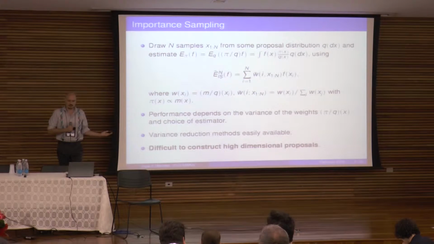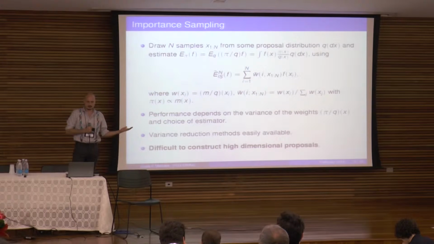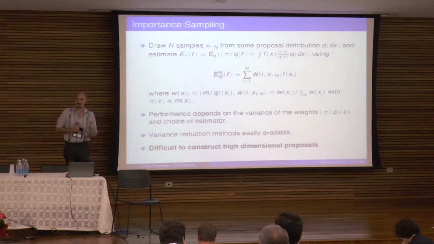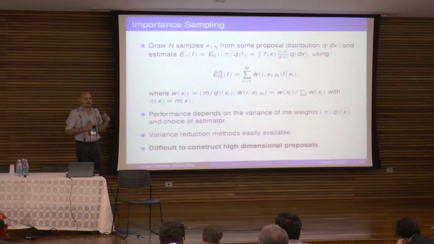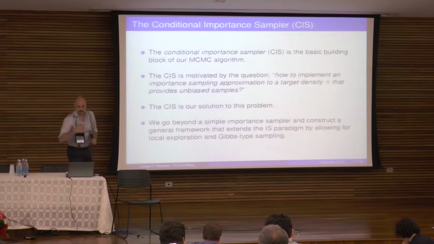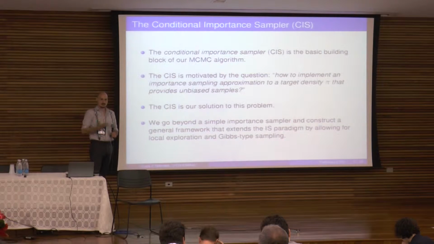So if you manage to construct a reasonable importance sampler, you can apply variance reduction techniques, and we will obtain a very good estimate of your moment. As I said, in high dimensional settings, and I'm being very loose with high dimensional here, it can be a challenging task. So what we propose is a different way of approaching this problem.